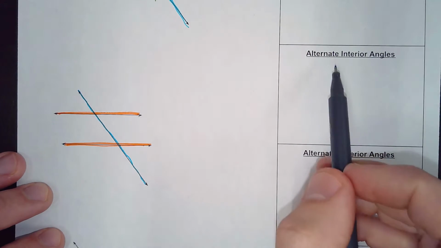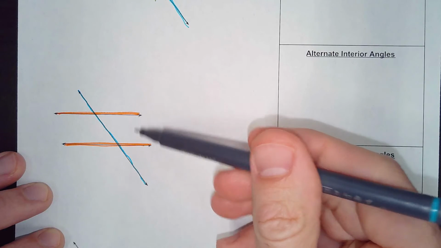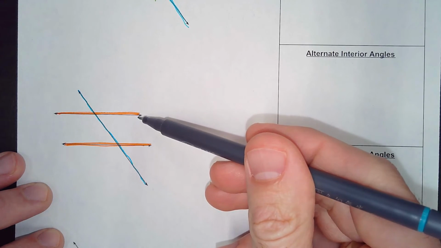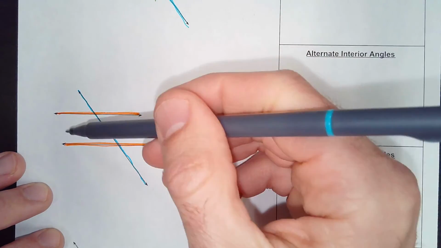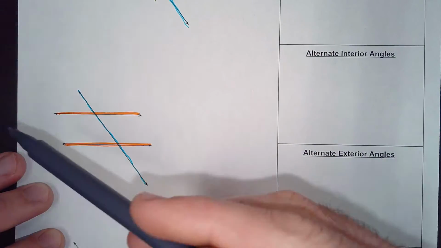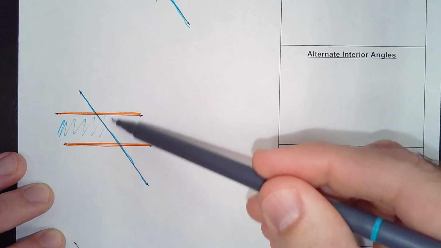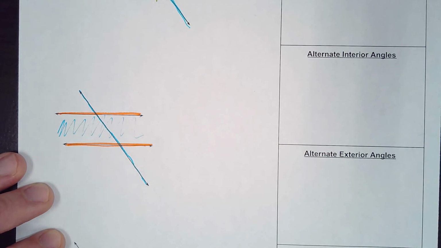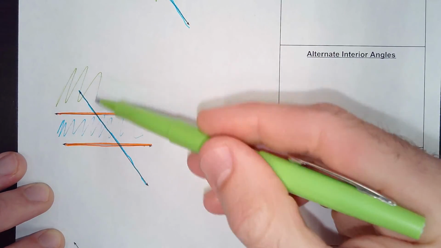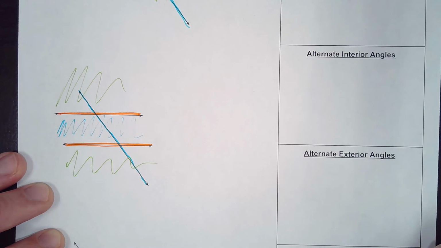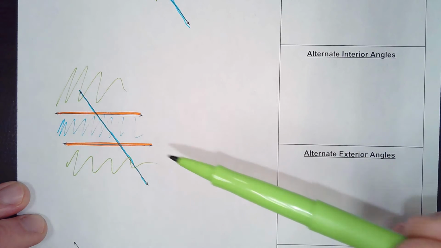In this relationship, alternate interior angles: the way I think about interior is the inside of these parallel lines. So the inside would be between here. This would be the interior, right? Out here would be exterior. But this blue part, the inside part, is interior.